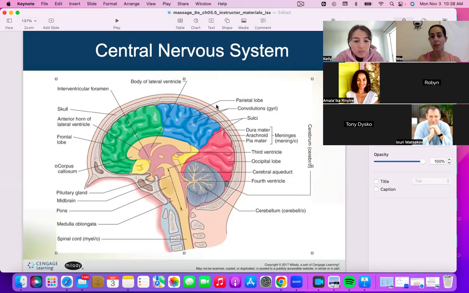Then you have the parietal lobe, 1 on each side, okay? You have your corpus callosum, which is the tissue between the right and left hemispheres, and it connects both hemispheres together.